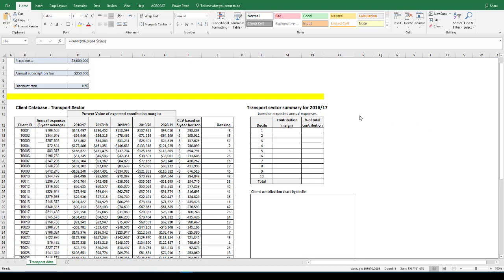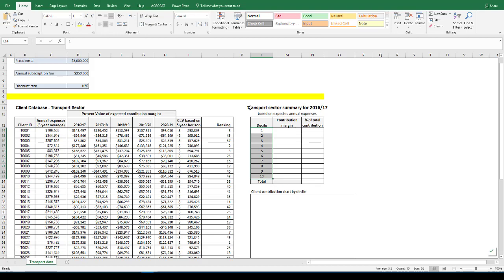So now we want to classify customers into 10 deciles based on their ranking. But what will be the criteria for us? The criteria will be the ranking, but we want to focus on the expected annual expense for the year 2017.